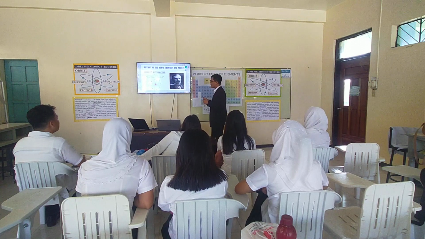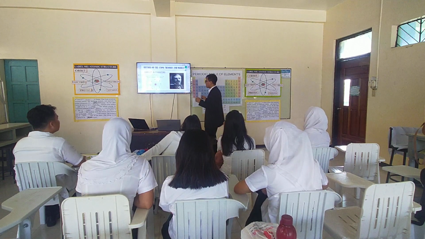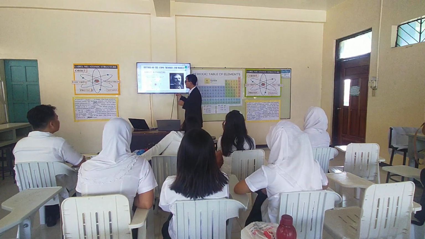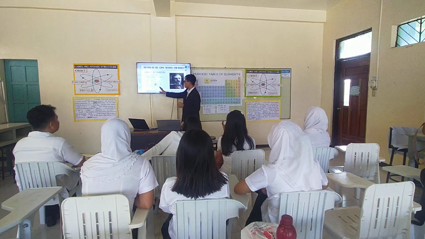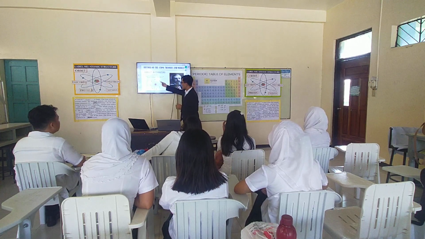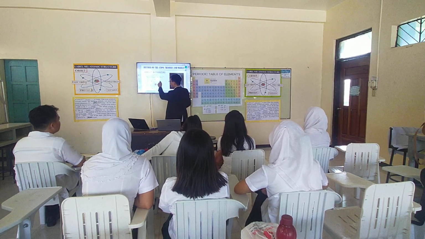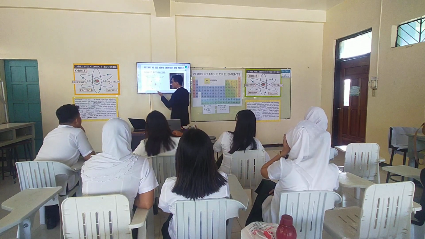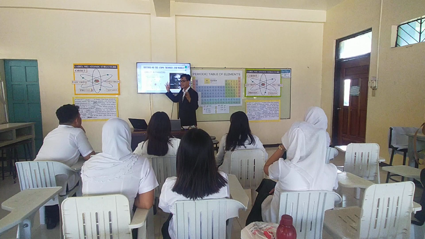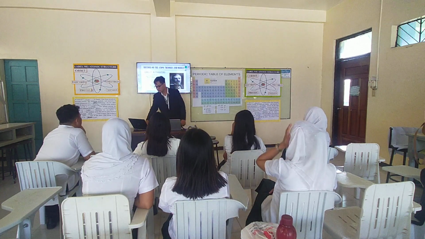According to Ernest Rutherford also, the mass of the atom of a particular element is always concentrated in its nucleus. As you can see in this model, there are negatively charged particles, which are the electrons, circulating around the positively charged protons, just like the planets revolving around the sun.